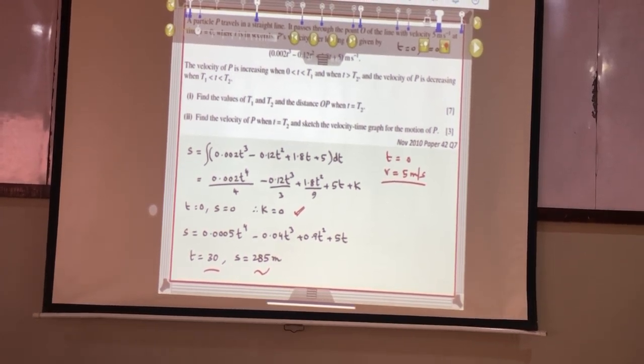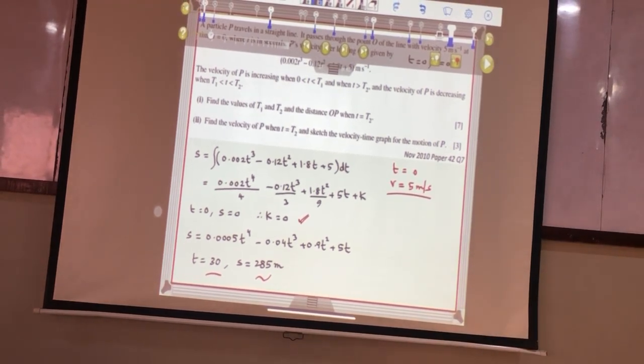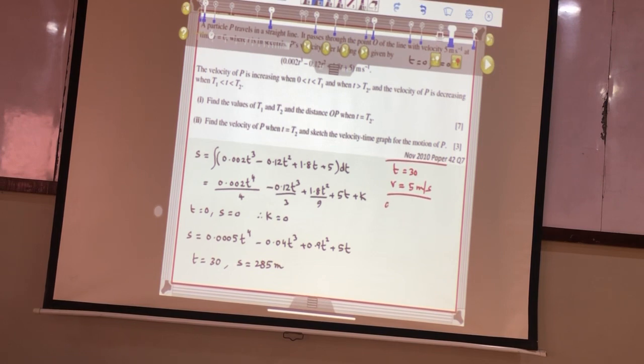Now, the third part. Find the velocity of P when t is equal to t2 and sketch the velocity time graph. Actually, that thing was correct. That is after evaluation. I thought I wrote it down wrong. After evaluation, t is equal to 30, v comes out to be 5.